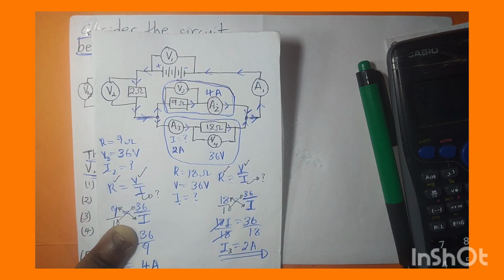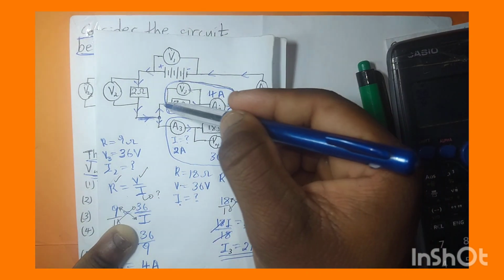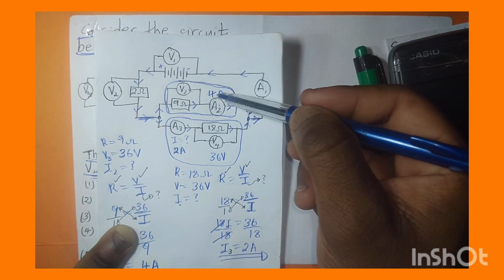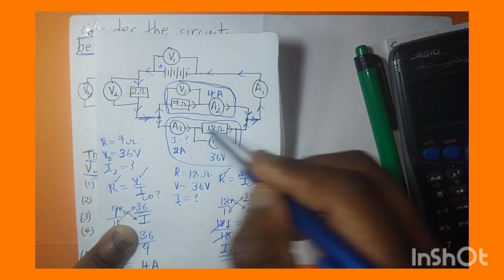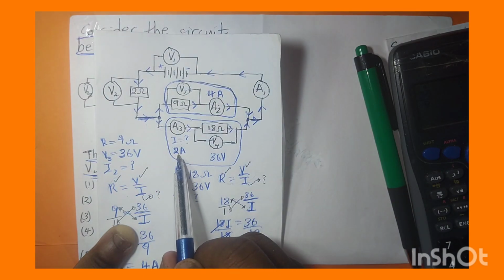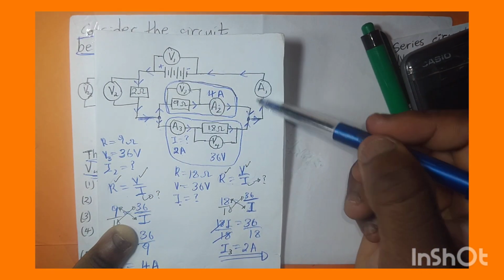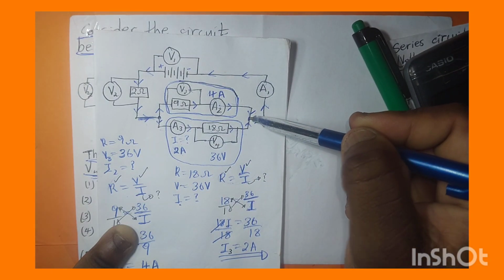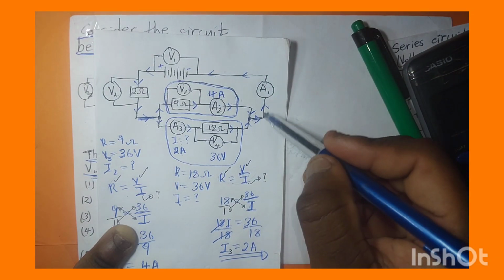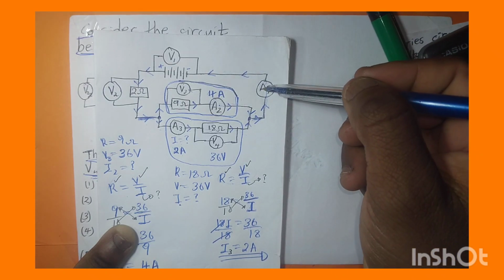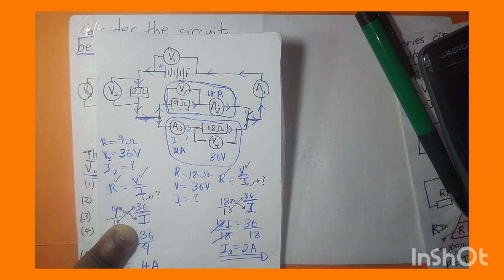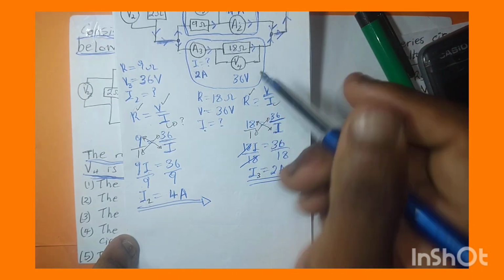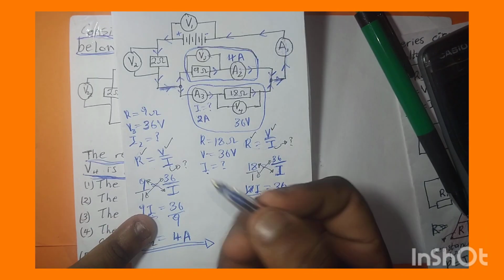Then it goes to the negative terminal. So now we know the current which is passing on this branch is 4 amperes, and the current which is passing on this branch is 2 amperes. So it means that those two currents, when they reach this point, will combine, forming a current which will pass through A1. Do you see? So for you to get the current passing through A1, you will just do a straightforward thing.